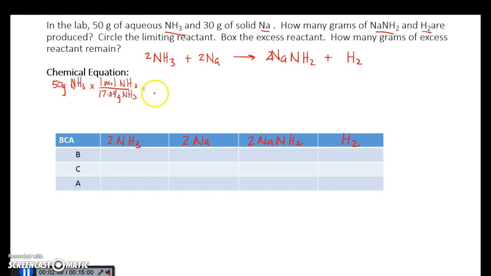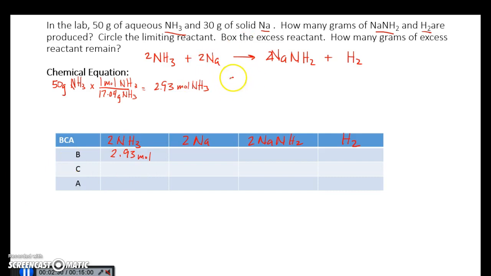And this calculates out to being 2.93 moles of NH3. Like I said, my chemical equation is in the language of moles, so I need to make sure that I convert those grams. So instead of writing 50 grams here, I write 2.93 moles of NH3.